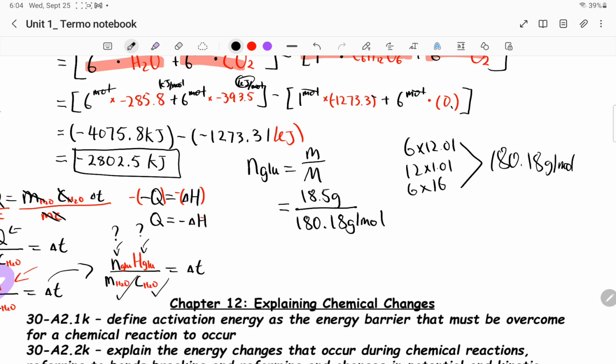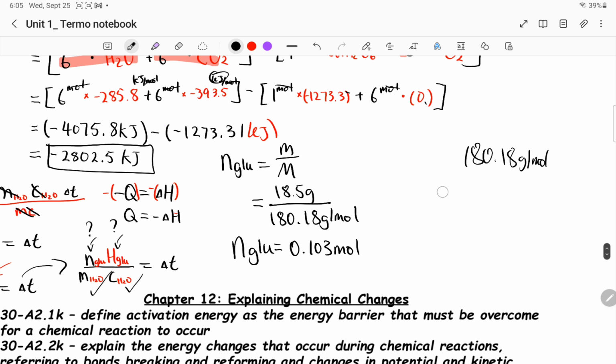So that means the number of moles you have is going to be 18.5 divided by 180.18. It's about 0.103, about 0.103 mole. All right.